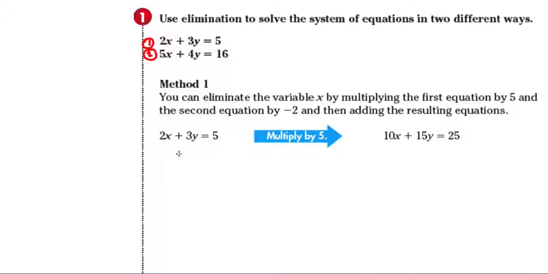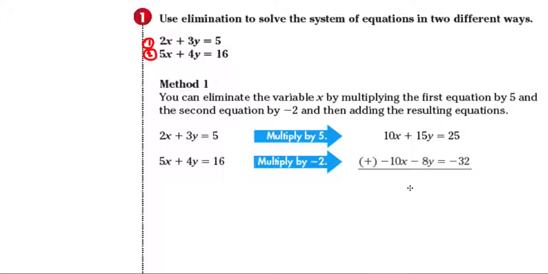If I have 5x plus 4y equals 16 and multiply it by negative 2, I end up with negative 10x minus 8y equals negative 32.